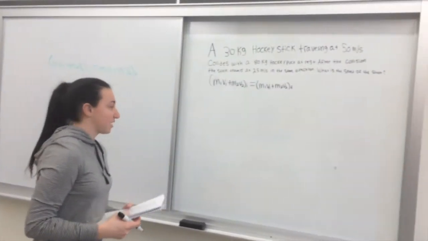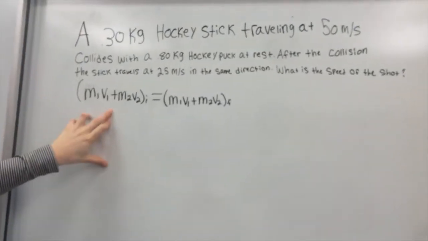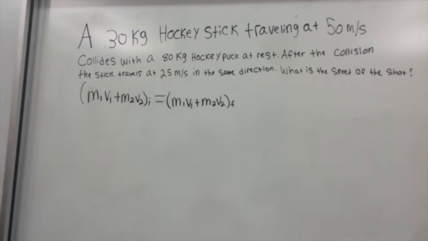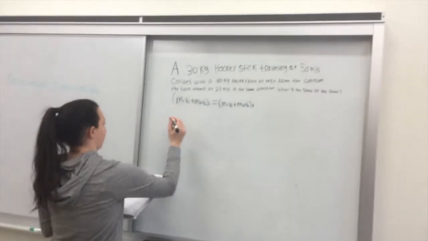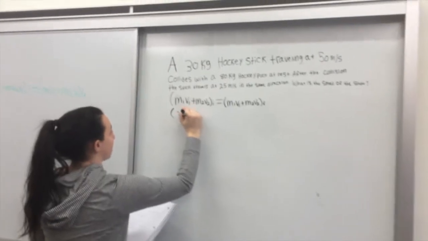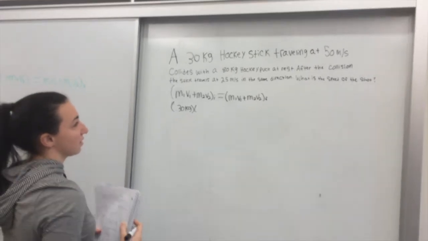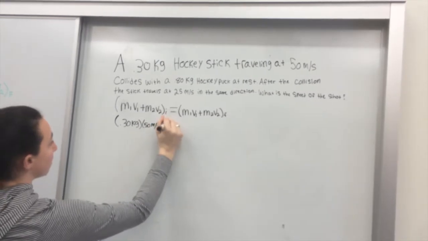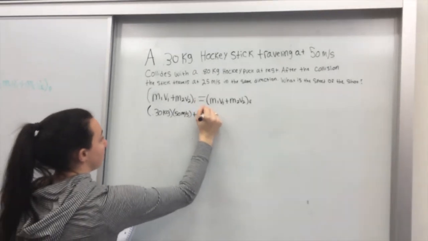So the equation for an inelastic collision is mass 1 times velocity 1 plus mass 2 times velocity 2 initial equals mass 1 times velocity 1 plus mass 2 times velocity 2 final. So the mass of the hockey stick is 0.30 kilograms times the velocity when it's starting, which is 50 meters per second. And the mass of the hockey puck is 0.80 kilograms.